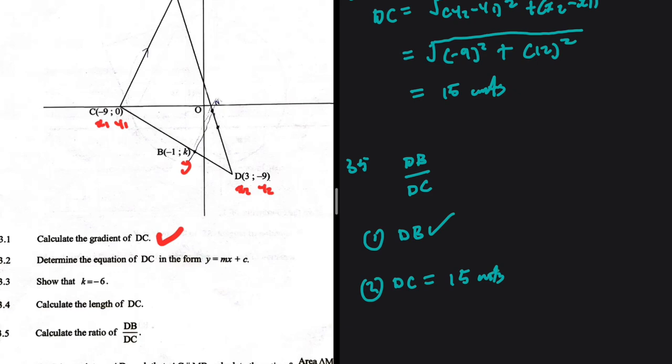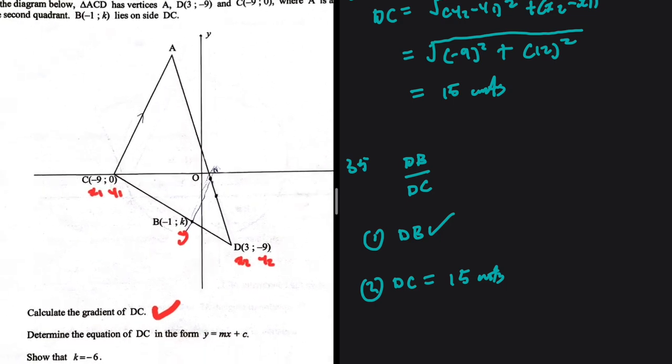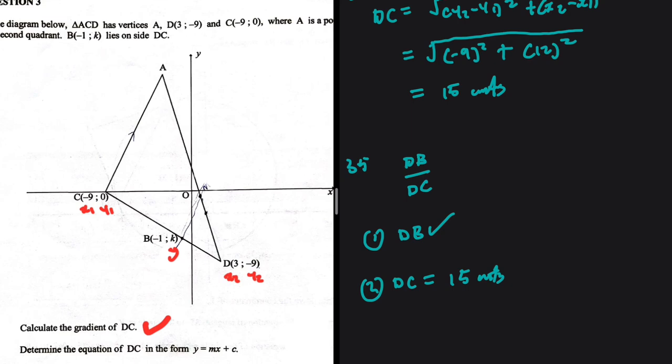There's another option: we can rotate the diagram. Oh, okay, I can't rotate this. But if you rotate this diagram anti-clockwise, this can be a straight line, and then you just find the distance from C to B and the distance from B to D. But let's just calculate the length of DB.